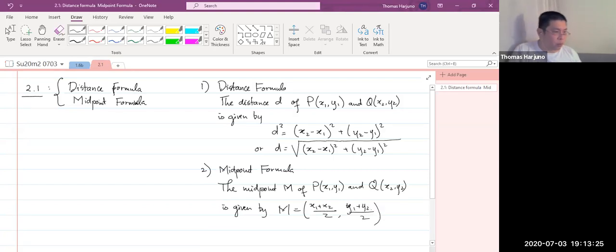Don't forget, you have to memorize these formulas. We did examples already, the easy ones, on the first day of class.